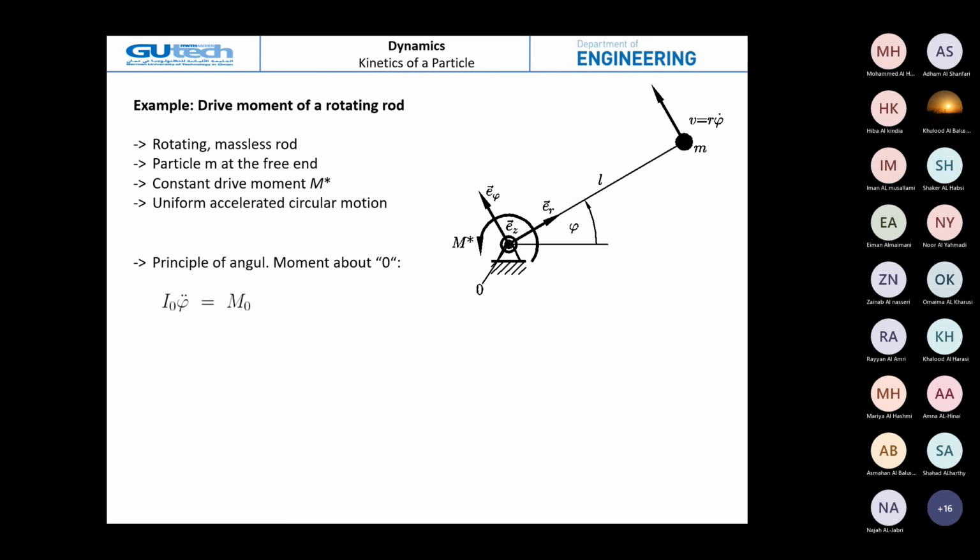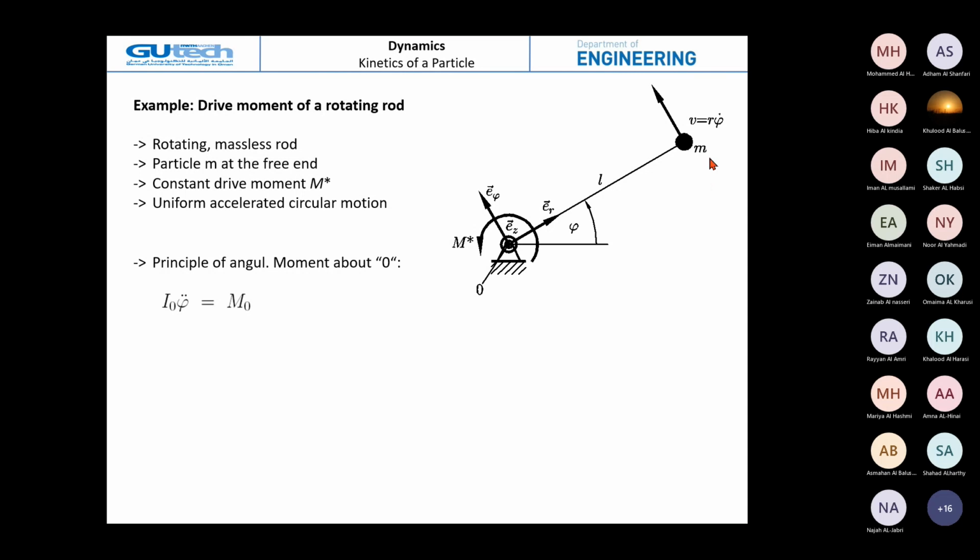Now we take this example, which is the angular moment of a rotating rod. We have this rod here, and it's rotating in this direction. Then we have the same principle. We have e_r, the radial unit vector, e_phi, the circumferential vector, and we have the angle phi here.